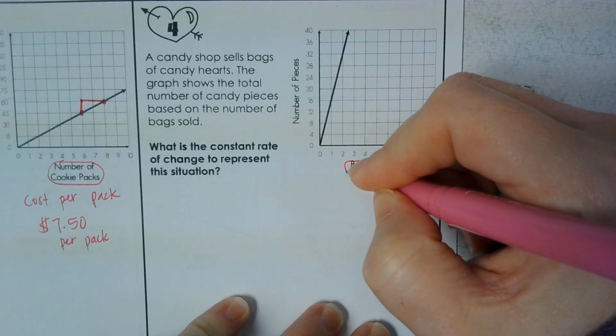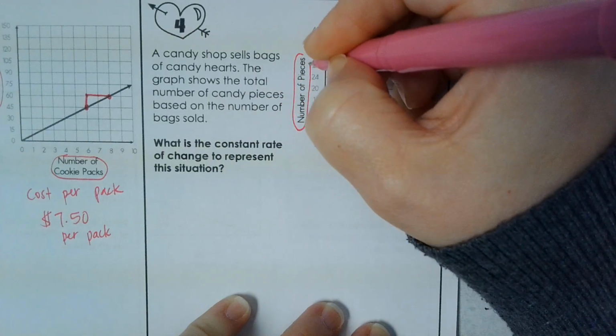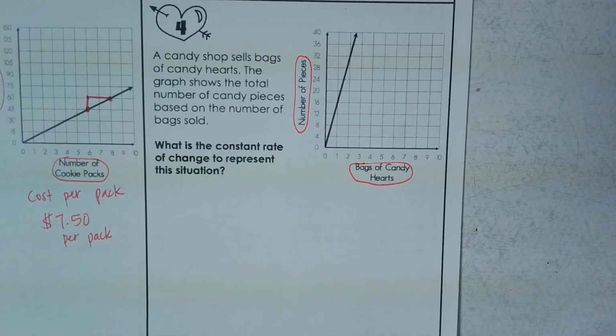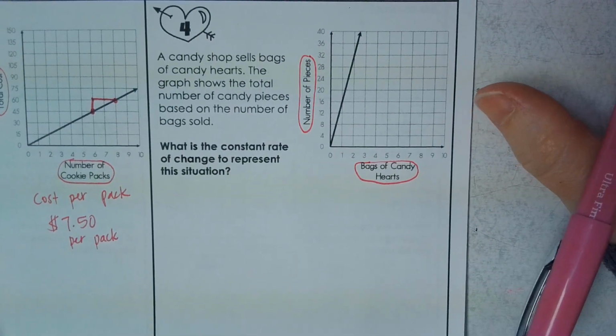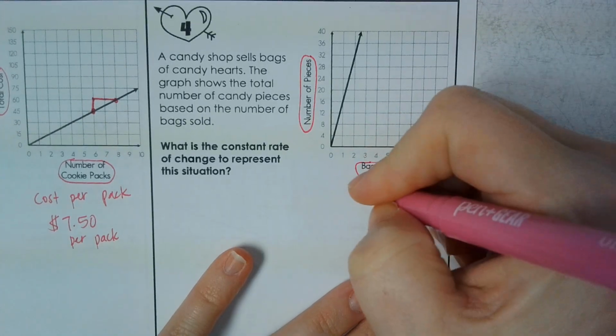So we are comparing bags of candy to the number of pieces. So now it's not cost, right? So bags of candy hearts and the number of pieces there. Okay, so we're looking at the number of pieces.